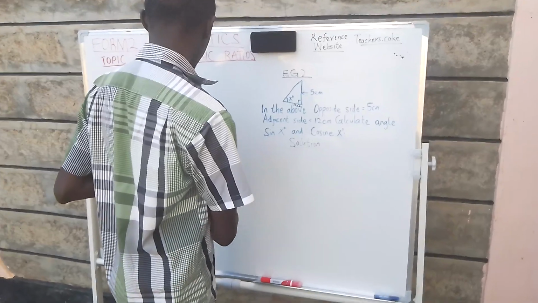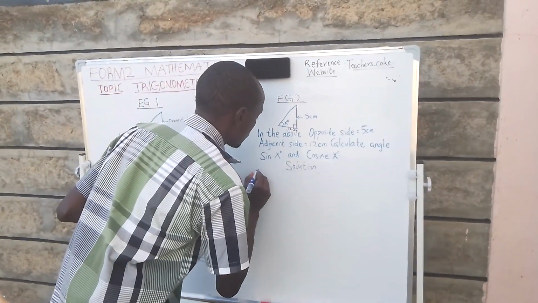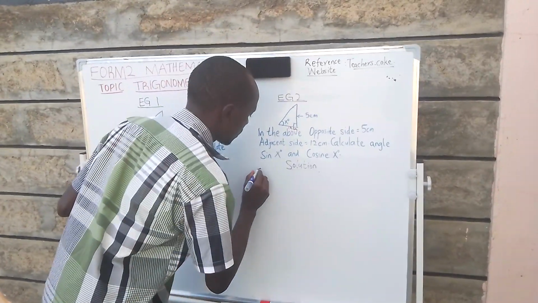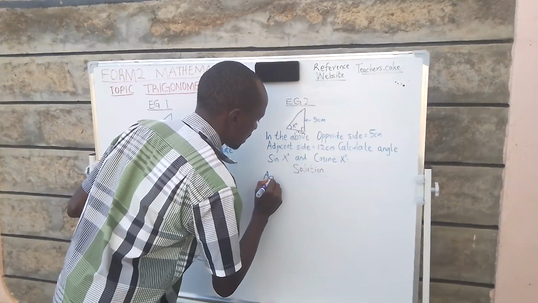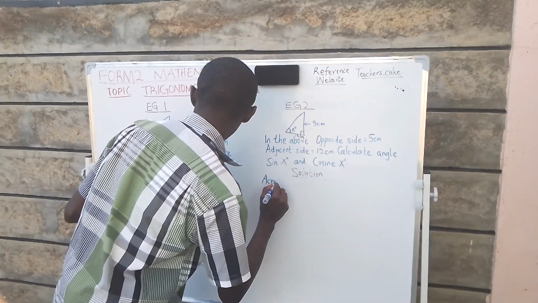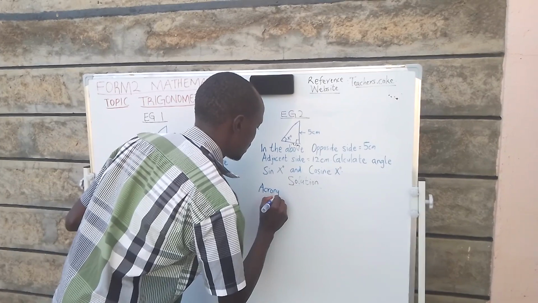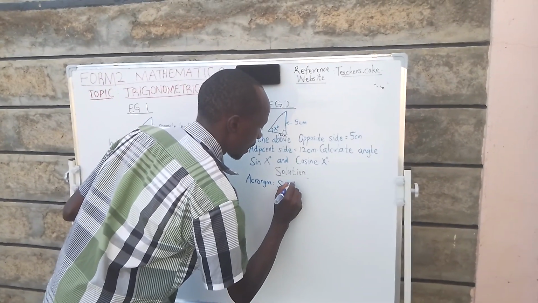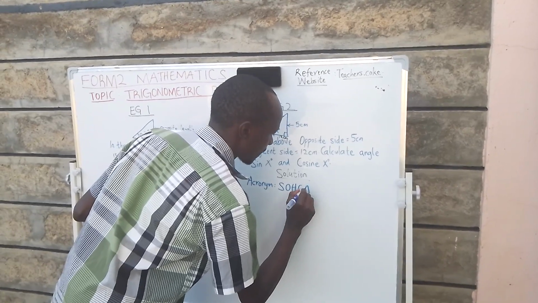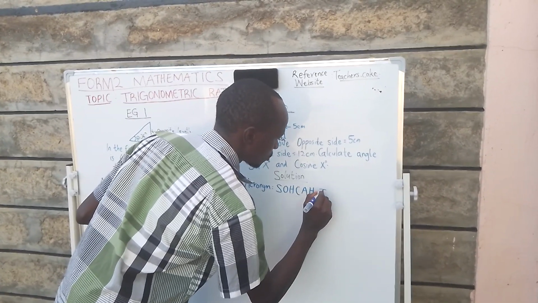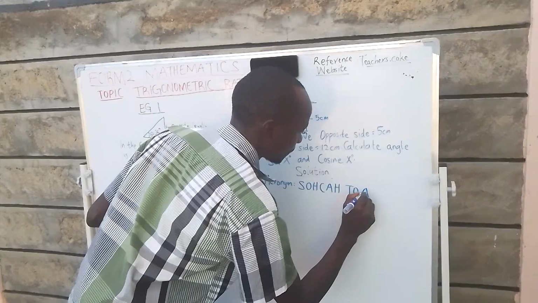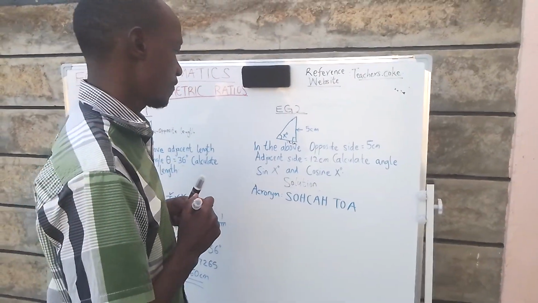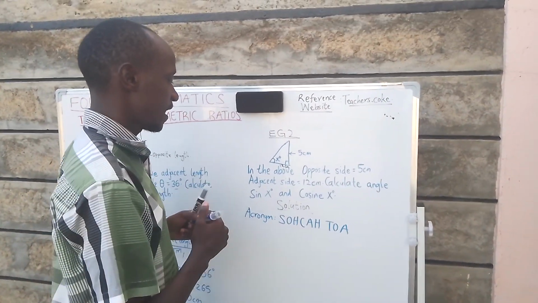So using the acronym SOH CAH TOA, because it helps us to remember how to get the trigonometric ratios, we can write them for us to remember the formula. We are going to have the sine.